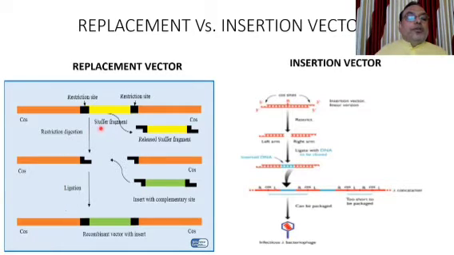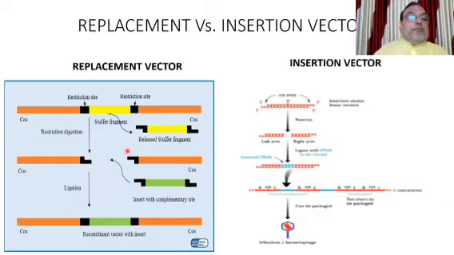For this example, here we have a stuffer region, and this stuffer region has been cut by the restriction endonuclease. In place of this stuffer region, we have inserted a fragment of DNA which has been cut by the same endonuclease, so it has sticky ends and easily sticks to the cut termini of the bacteriophage genome. And that's how we produce the recombinant vector with insert.